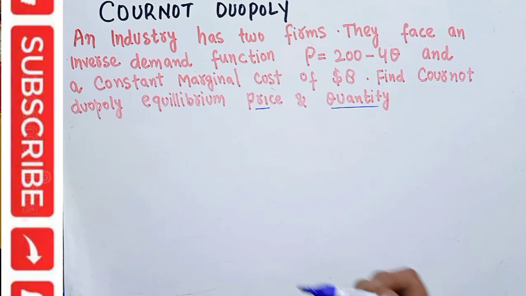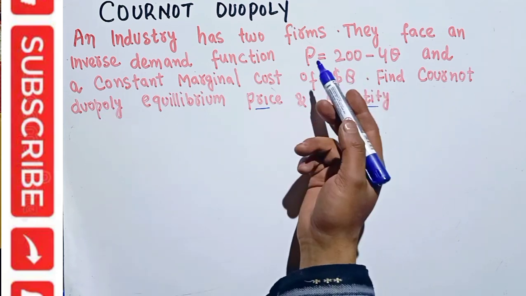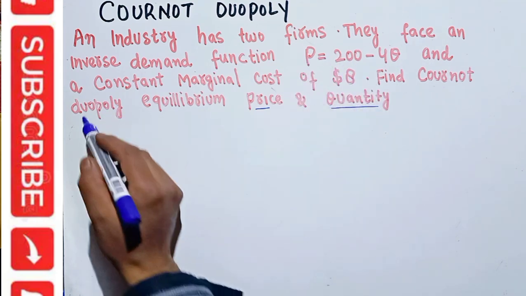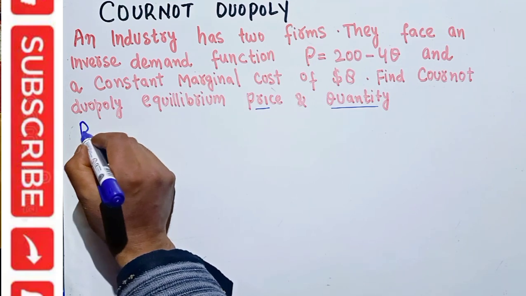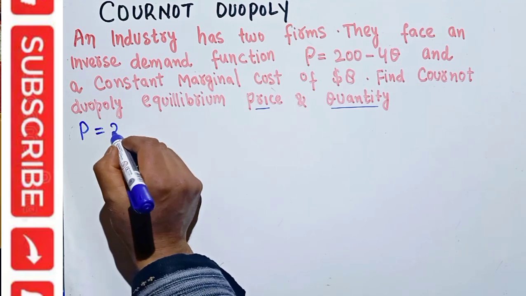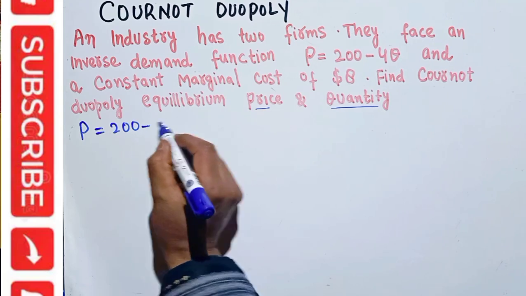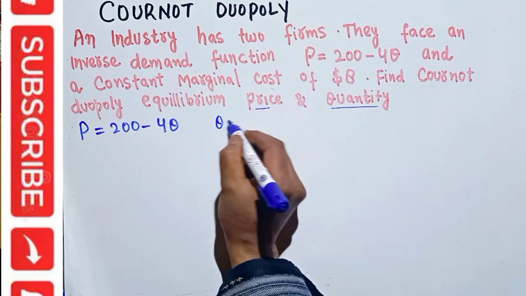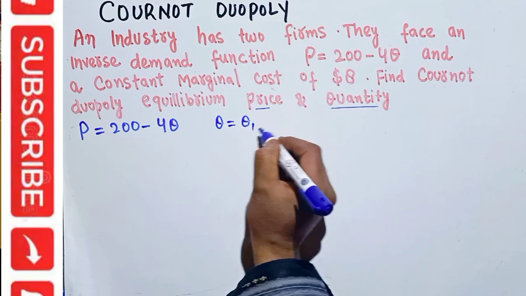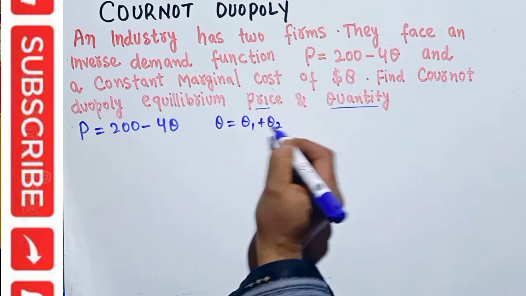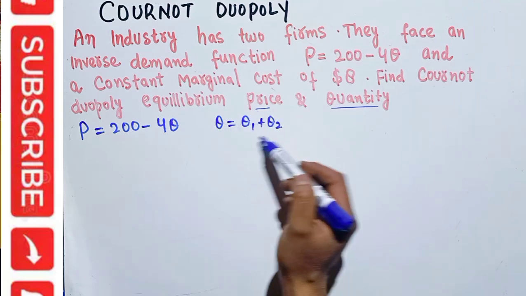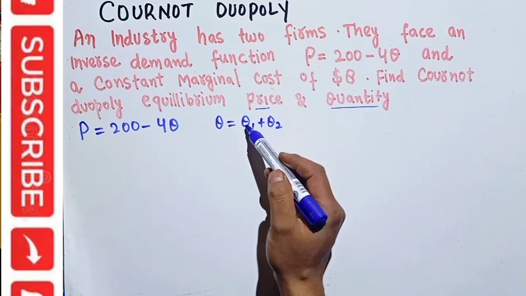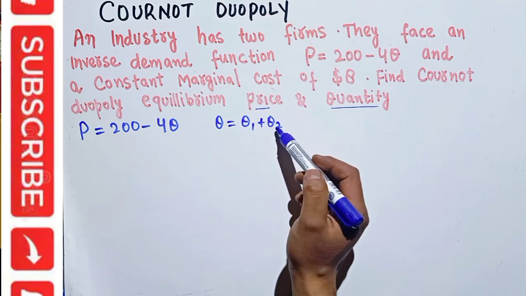Okay. Now what are we being given? We are being given the inverse market demand function, that is the P, which is price, is equal to 200 minus 4Q. Here Q denotes Q1 plus Q2. That means Q will be equal to the output produced by both the firms, that is the output of firm 1 plus output of firm 2.